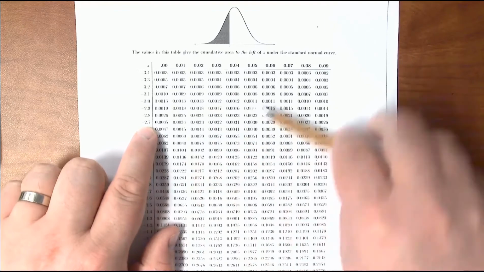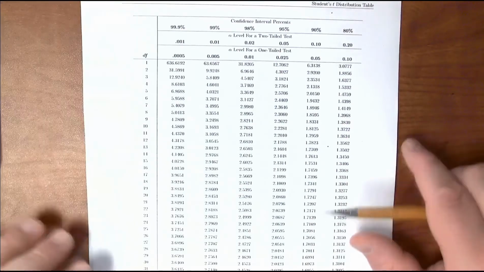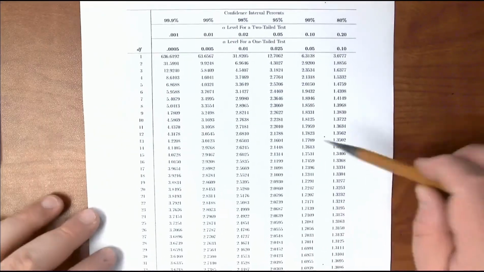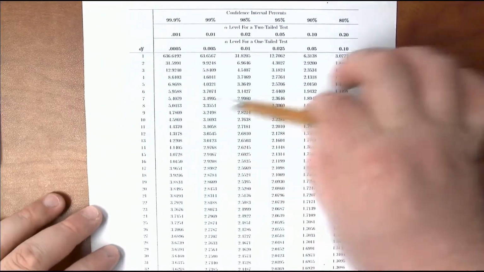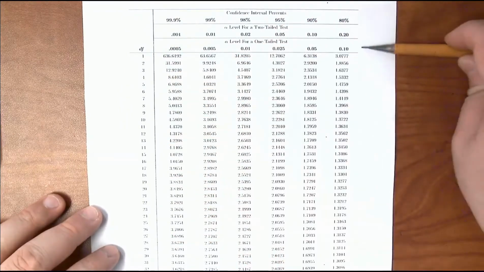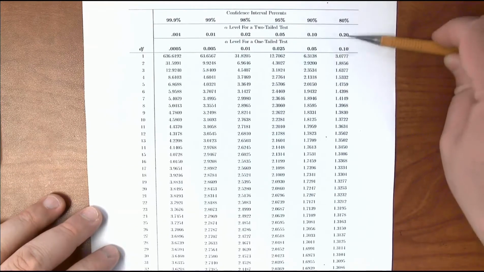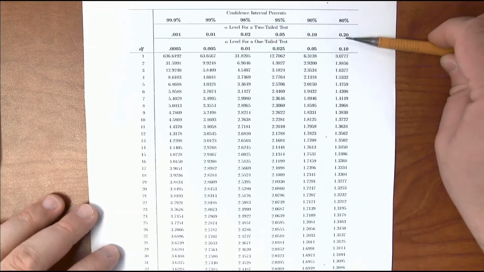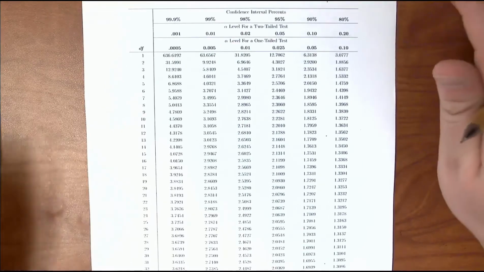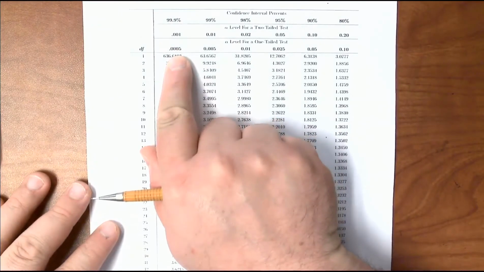So the probabilities are in the middle of the chart, z values are on the sides. With the t chart, that is not at all the case. These are all your t values in the middle, degrees of freedom are over here, and you have essentially probabilities up at the headings.